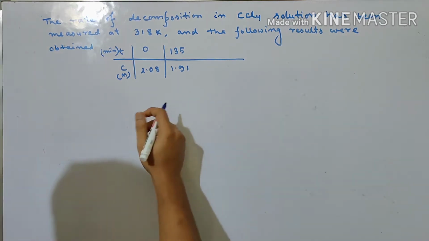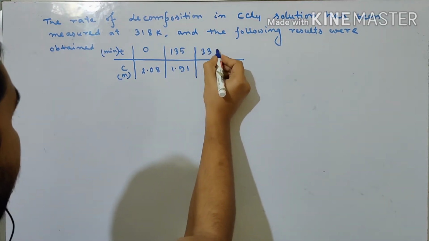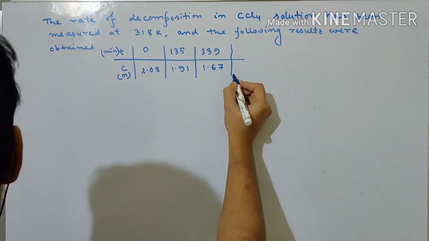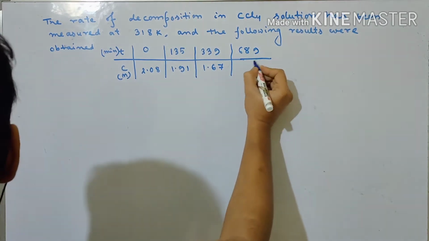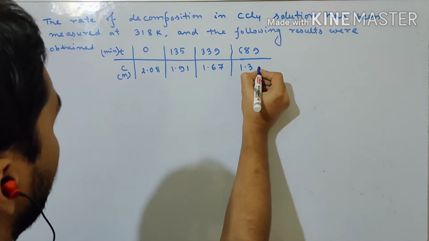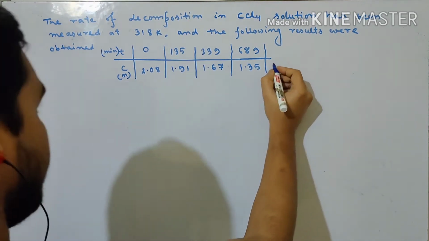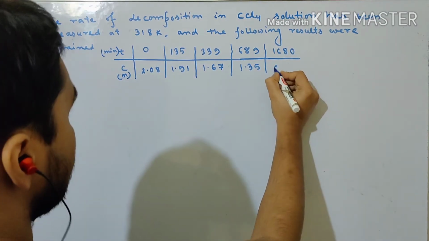Then it is 339 and it is 1.67, and it is 1.35. Then it is 1680 and it is 0.57.